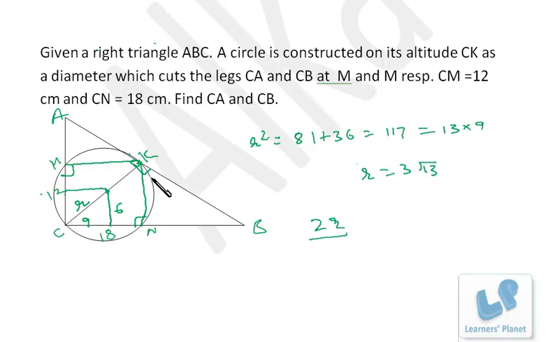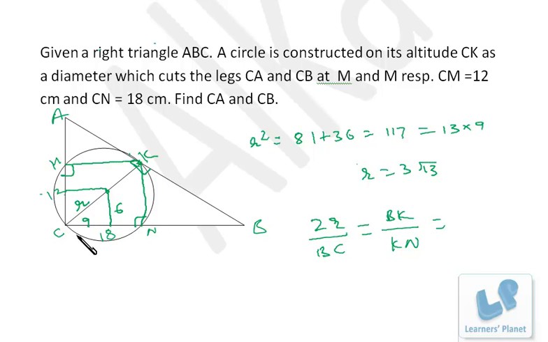In this bigger triangle, the side opposite to 90 degree is BC, is equal to the side opposite to common angle in the bigger one, which is BK, and the side opposite to common angle in this triangle is KN.